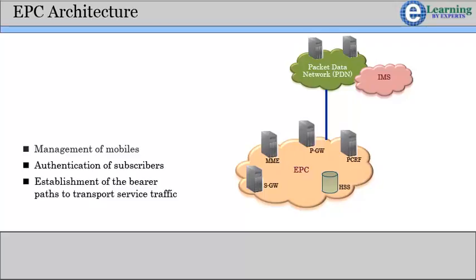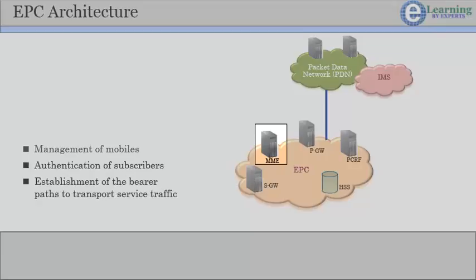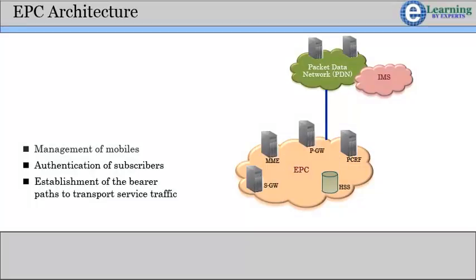These functions are supported by entities in the EPC like the Mobility Management Entity, MME, the Serving Gateway, SGW, the PDN Gateway, PGW, the Home Subscriber Server, HSS, and the Policy Control and Charging Rules function, PCRF. These entities are often combined into nodes according to the manufacturer's implementation.